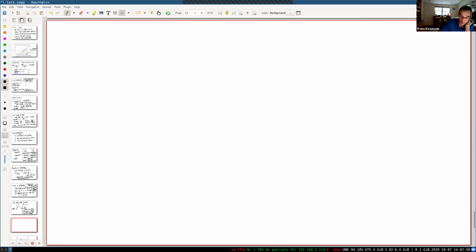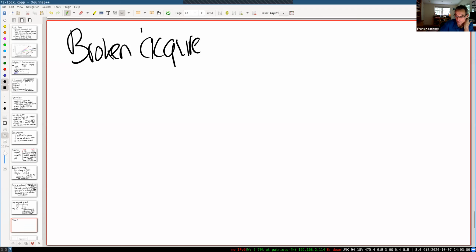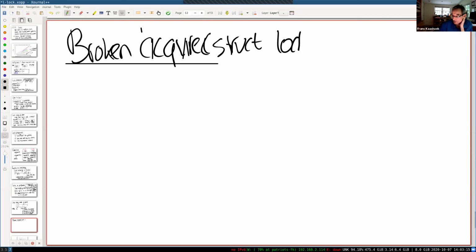So let me first write a broken lock, a broken acquire, so that we understand what the challenge is in implementing acquire. So here's my broken one. Broken acquire takes a struct lock, star L, and what it does is as follows.